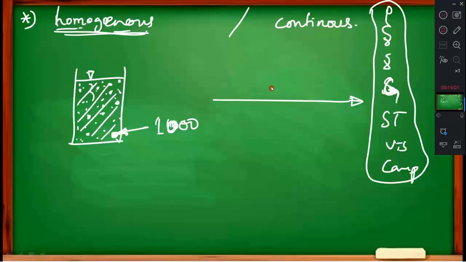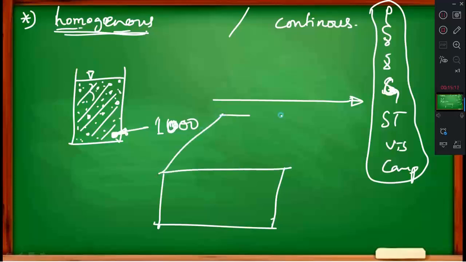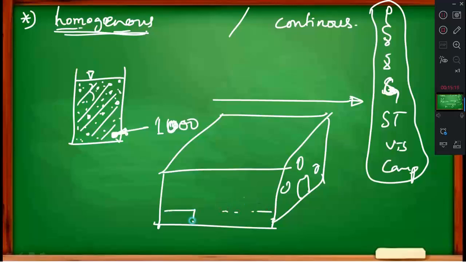Now look here. You are living in one room, right? All of you are in one particular room. Let us consider this is a room. This is your home and windows, and you enter inside, and there might be one table, and on that table you are sitting and studying.